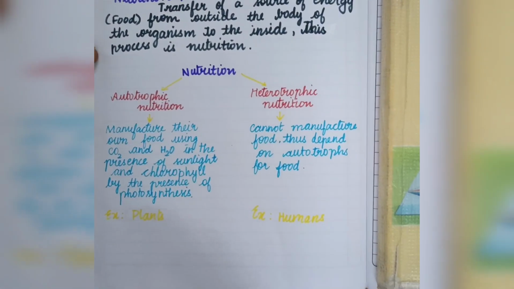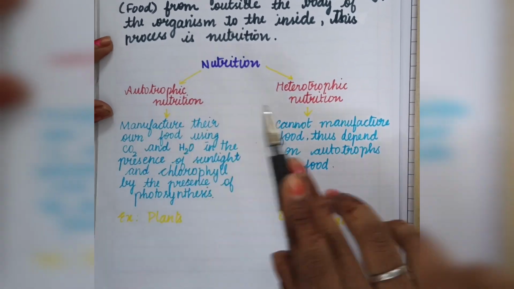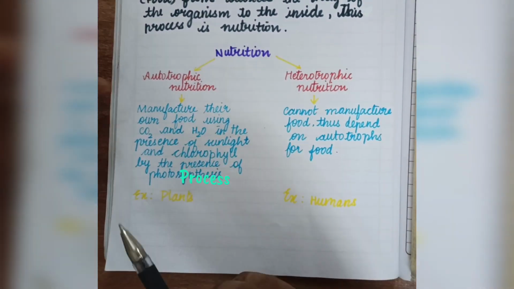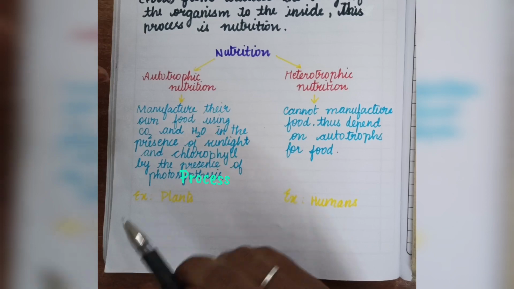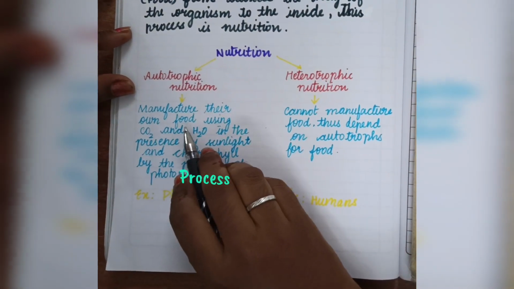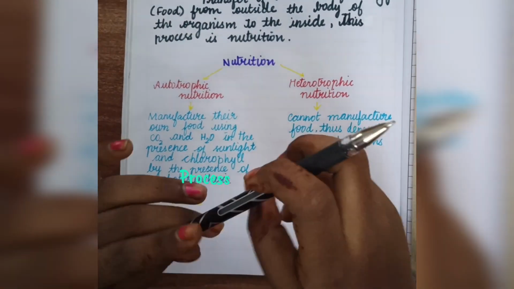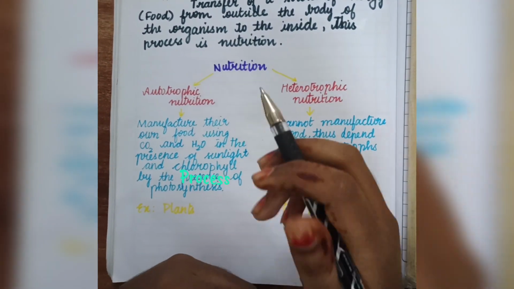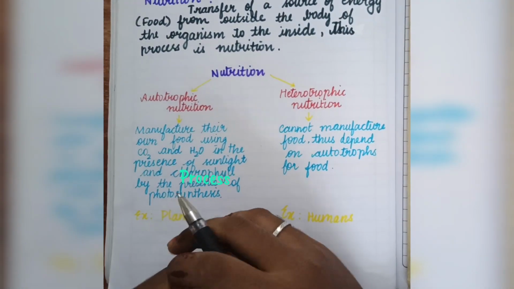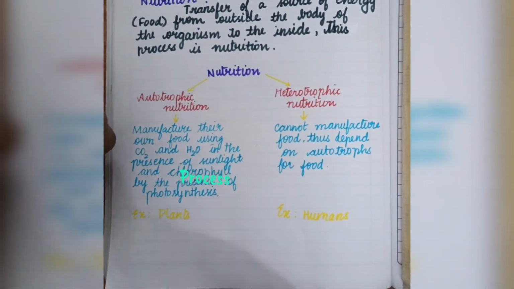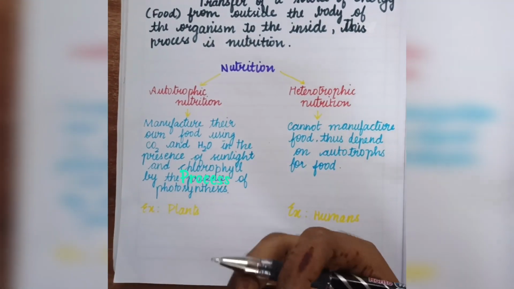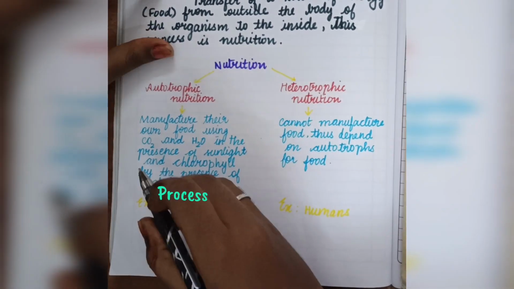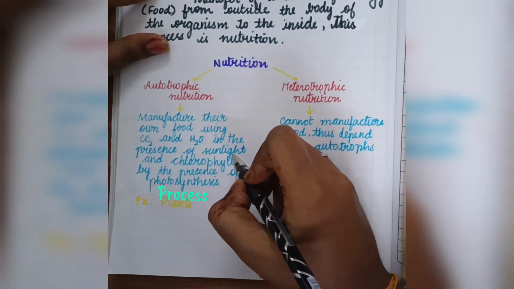There are two types of nutrition, autotrophic nutrition and heterotrophic nutrition. What is autotrophic nutrition? Organisms manufacture their own food. Let's take plants. Do plants buy food from the market? No. They prepare their own food. They come under autotrophic nutrition. What are the necessary things for them to prepare the food? Carbon dioxide, water and sunlight.